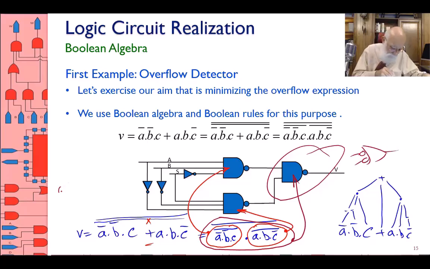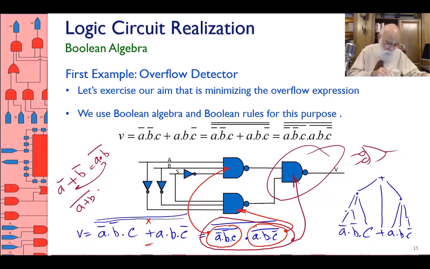Well, here, A bar ORed with B bar is A ANDed with B, bar. What rule says that? Well, actually, De Morgan says that. De Morgan also says A or B, bar, that means the NOR of A, B, is A bar ANDed with B bar. That's De Morgan.